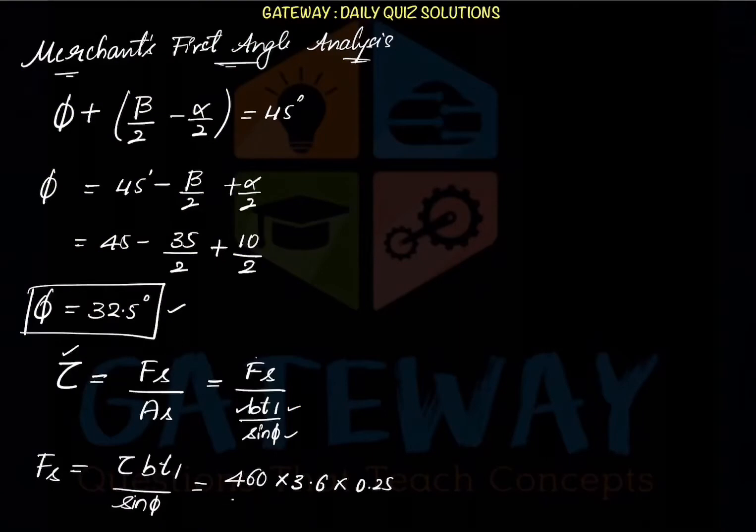Substituting this 0.25 upon the sine of phi, which we calculated as sine 32.5, from here we are getting the shear force value as 770.5198 newtons.